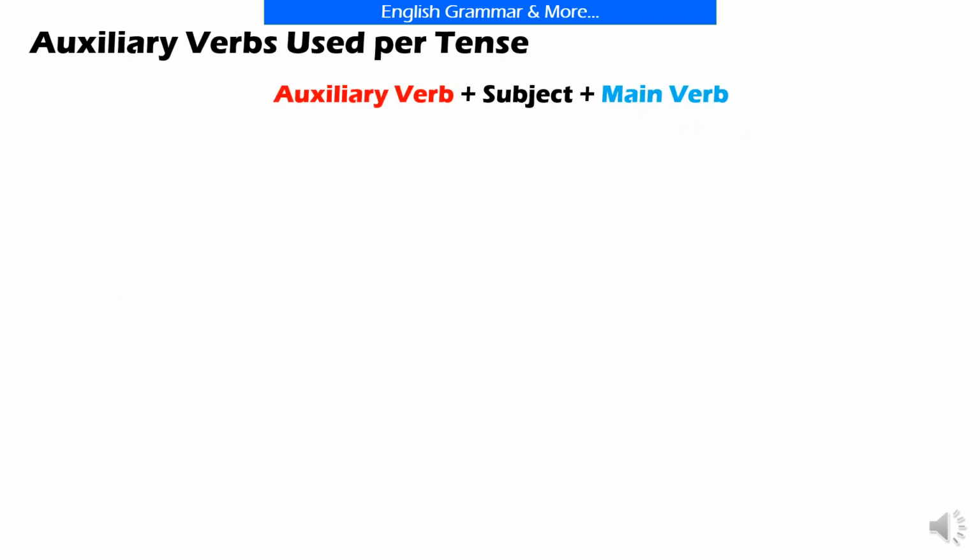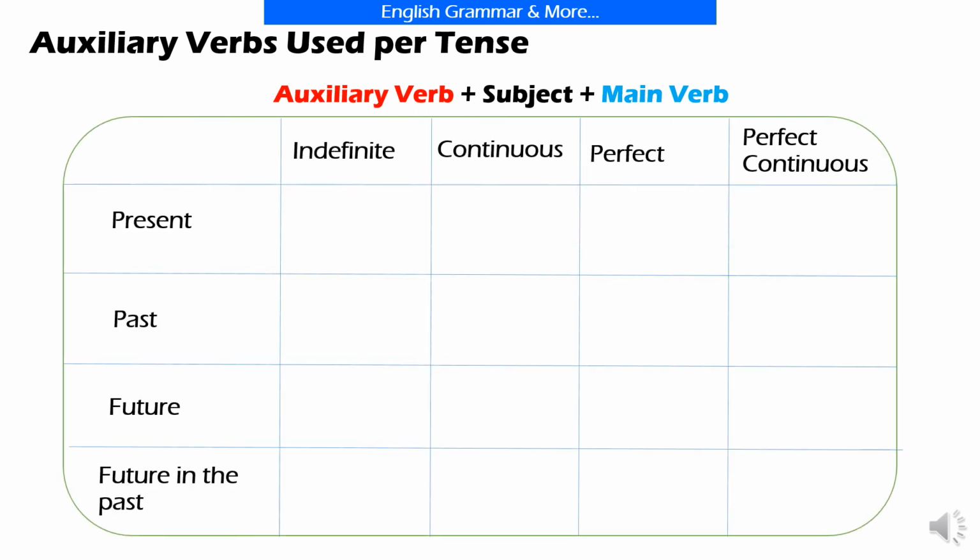As you may already know, in English, auxiliary verbs change per tense. In the table below, you will see which auxiliary verb you can use per each tense. Now, if this sentence is in the present indefinite tense form, then you will use as an auxiliary verb do or does, and the main verb in this sentence will be in its root form.